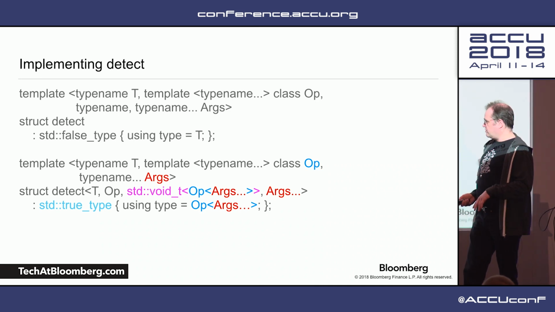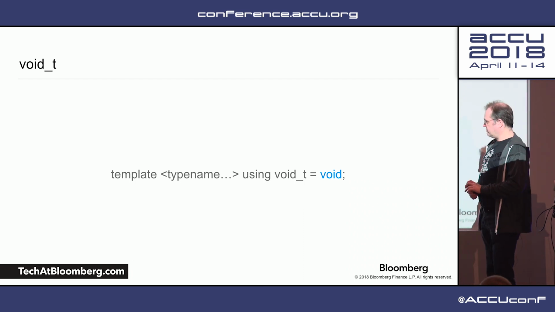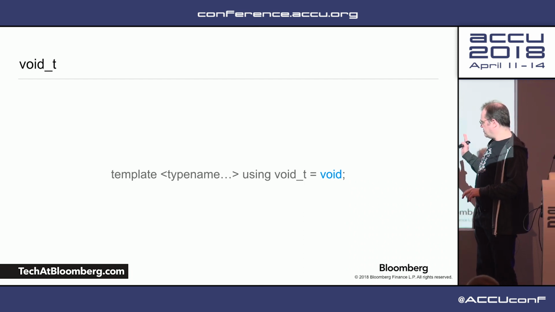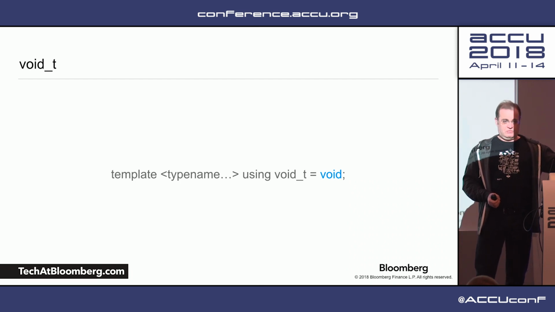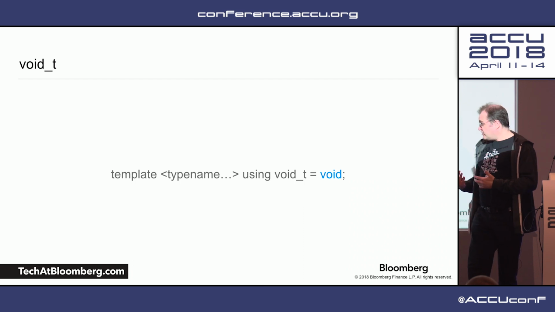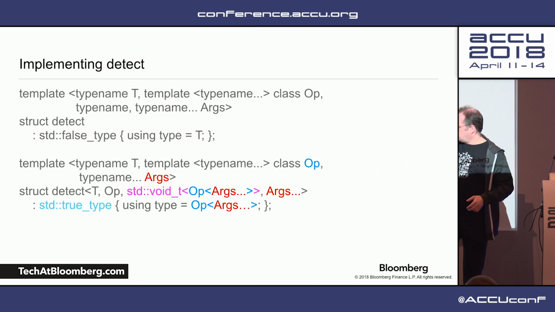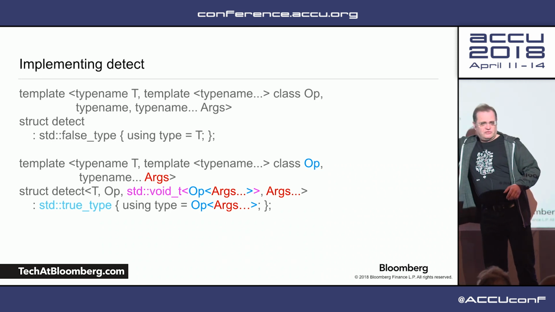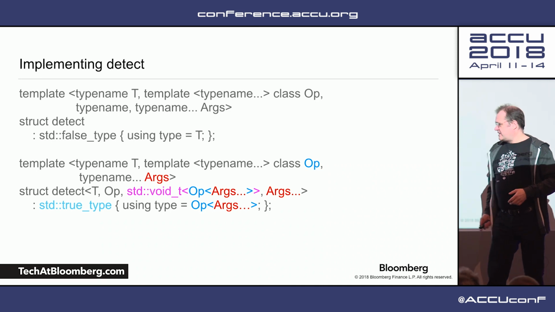So void_t must be really complicated. Here it is. It's a template taking an arbitrary number of arguments and always returning void. This is slightly surprising, but it actually does do the trick. Over here, we actually use void_t just with one argument, because this is all we need over here.